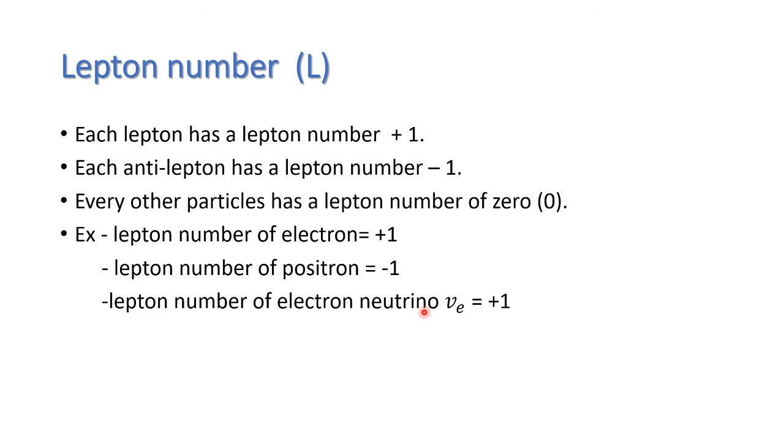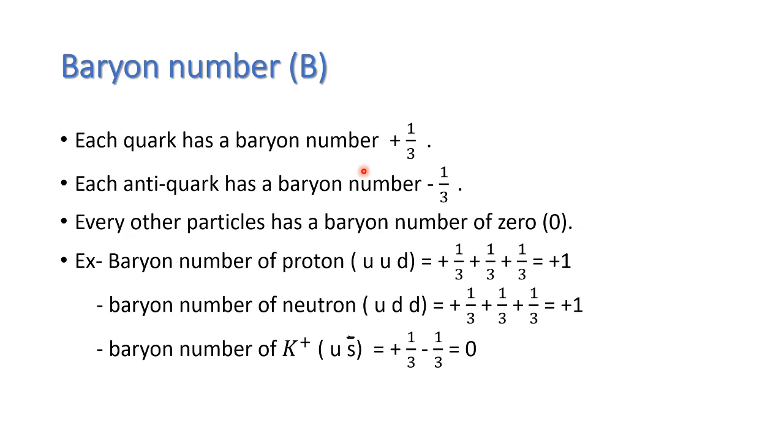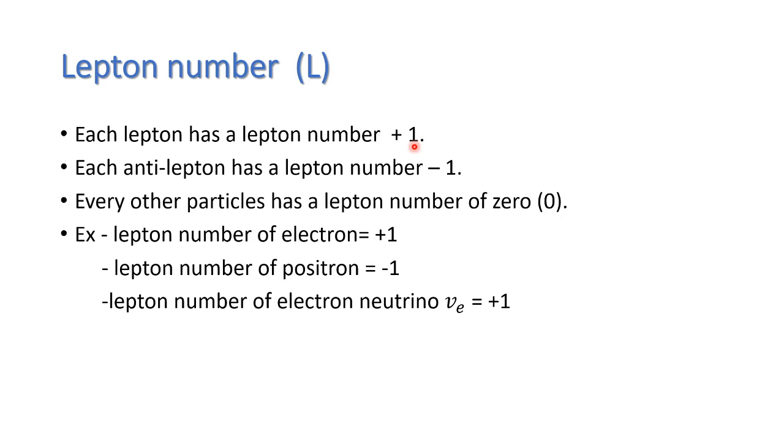Next, we will consider the lepton number. The symbol is L. Each lepton has a lepton number of +1. Earlier the baryon number was +1/3; here the lepton number is +1. An antilepton has -1. Every other particle has a lepton number of 0. So the lepton number of the electron is +1.